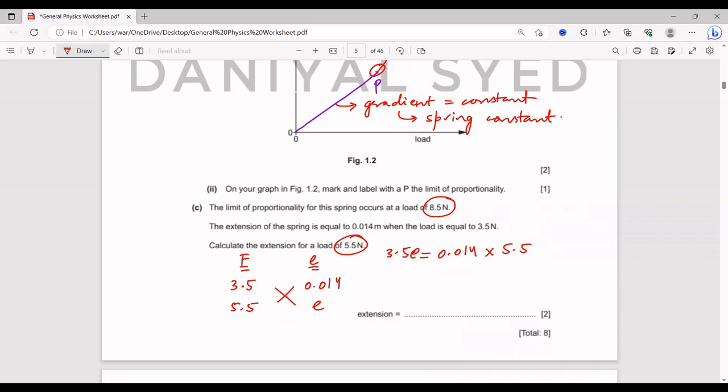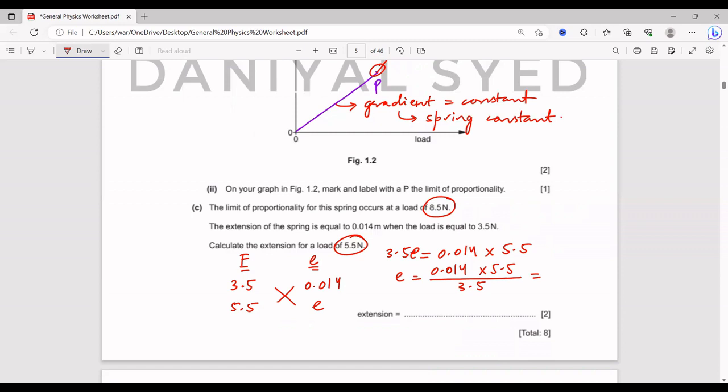Now the value for E is 0.014 times 5.5 divided by 3.5.